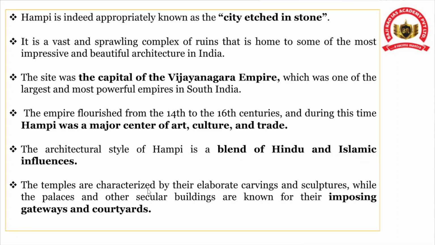The temples were characterized by their elaborate carvings. On the walls of the temples, there were elaborate carvings and also sculptures. The palaces of Vijayanagara rulers and other secular buildings are known for their imposing gateways and courtyards.